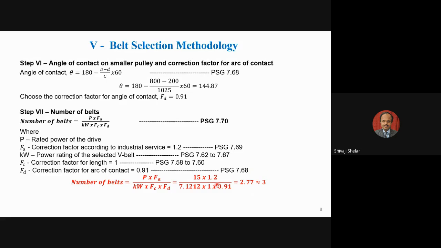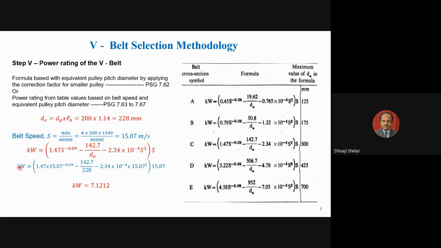So for transmitting 15 kilowatt power, approximately 3 belts are required of C section having rating C365841, having grade 41. Now I was explaining that this kilowatt rating from the previous slide can also be calculated or read from a table.